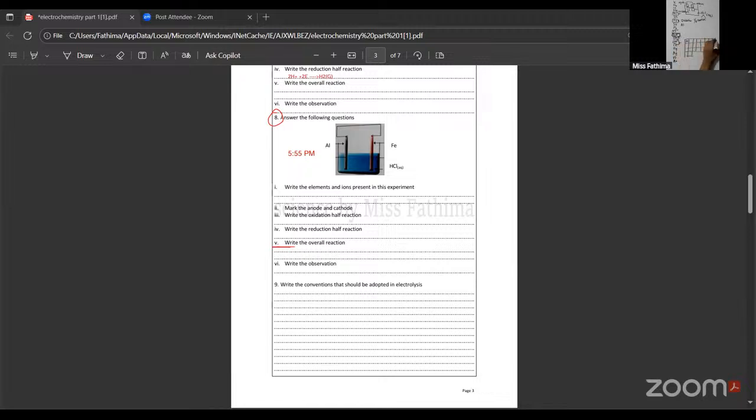Hydrogen, helium, lithium, beryllium, boron, carbon, nitrogen, oxygen, fluorine, neon, sodium, magnesium, and aluminium. I'll write till aluminium. This is group 1, group 2, group 3, group 4, and it will continue. Aluminium is in group 3. So that is enough. Right?